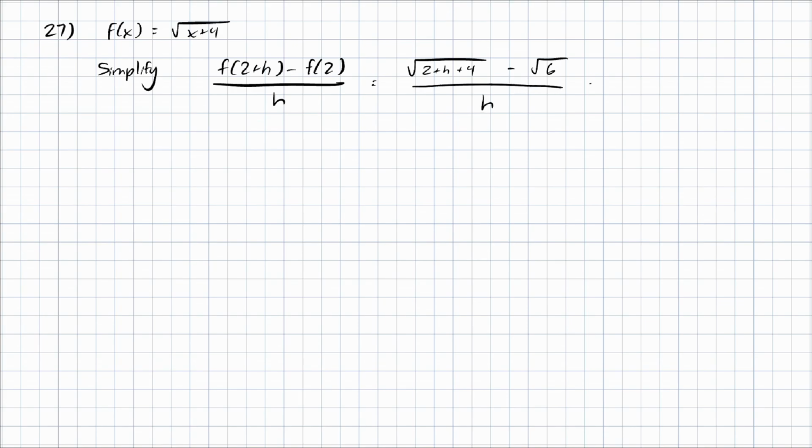So you get square root of h plus 6 minus square root of 6. What do I do for h? I believe that is my answer.